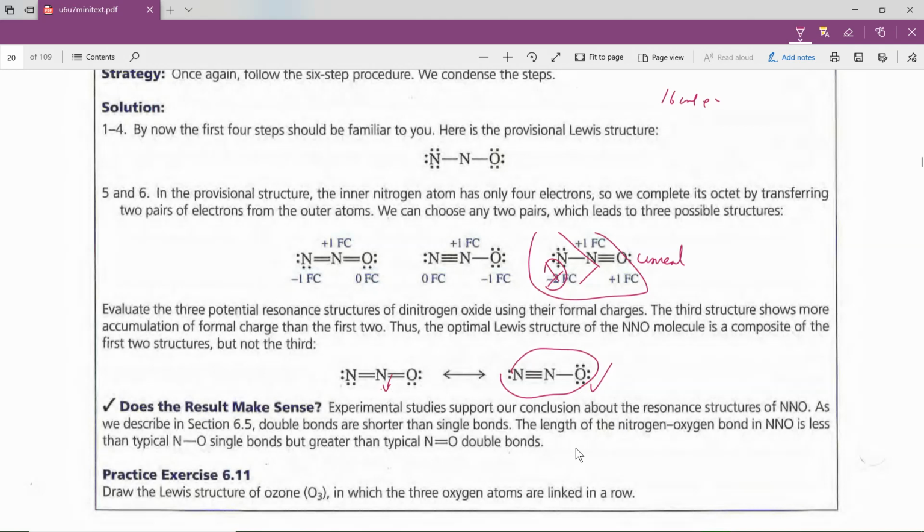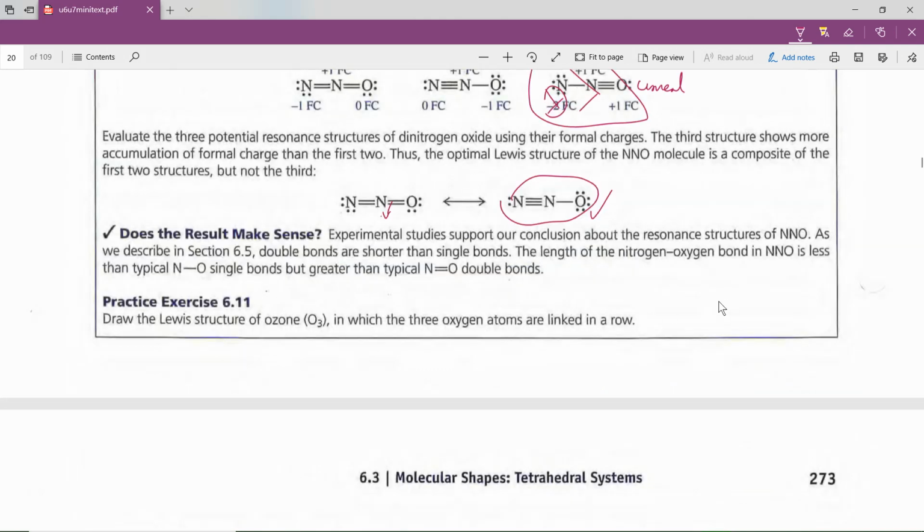Okay, ozone. Ozone is happiest, and I looked at something like this before, where you're going to have, now again, oxygen doesn't usually like to violate the octet rule, does it? But you're going to have 18, so 2, 4, 6, 8, 10, 12, 14, 16, 18, and then you're going to have 0, 0, and here you're going to have 0, so you're going to have zeros for all of them.